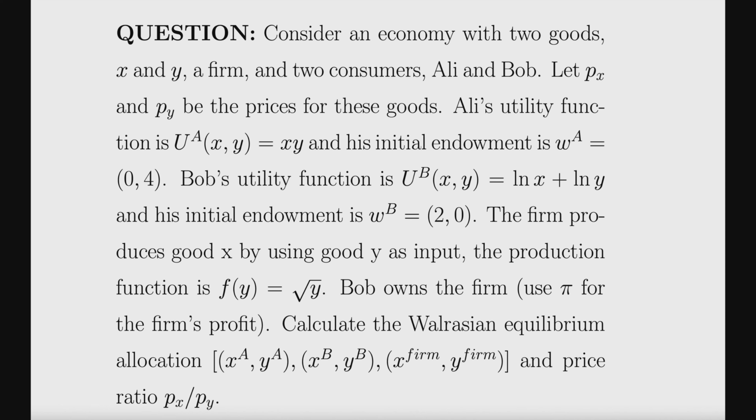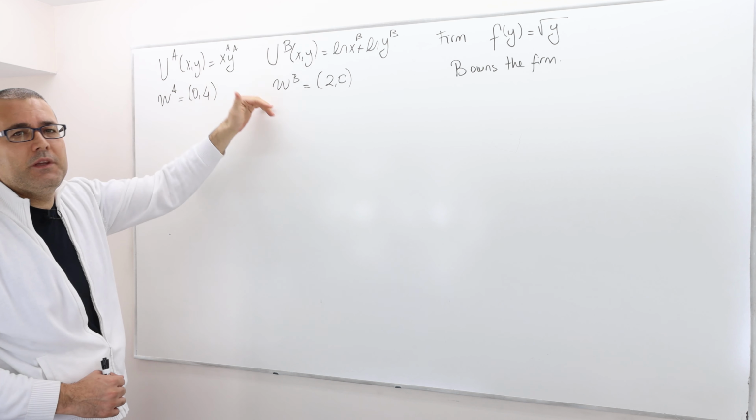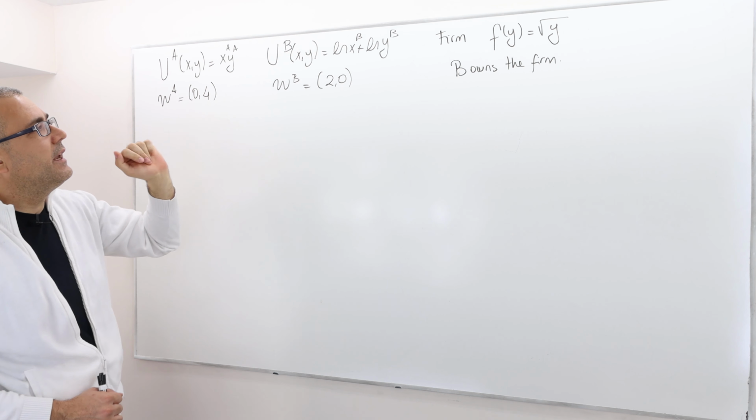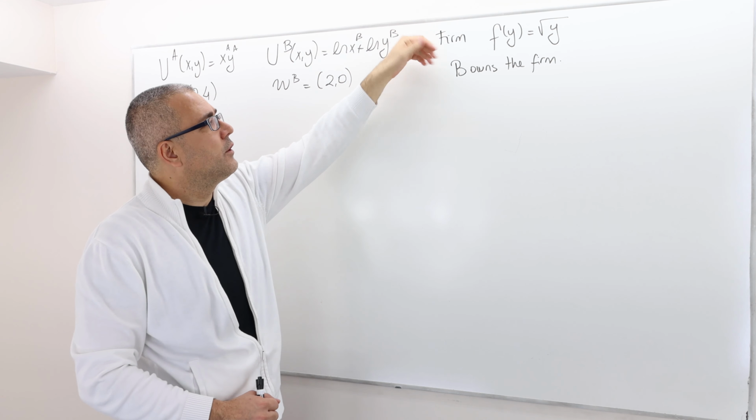I summarized the problem again here: agent A's utility function and endowment, agent B's utility function and endowment, and now the firm. This is the technology of the firm.